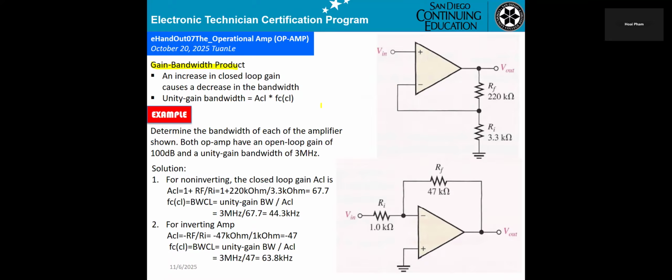Okay. They say an increase in loop gain causes a decrease in the bandwidth. Unity gain bandwidth formula equals ACL gain times FC. Okay.